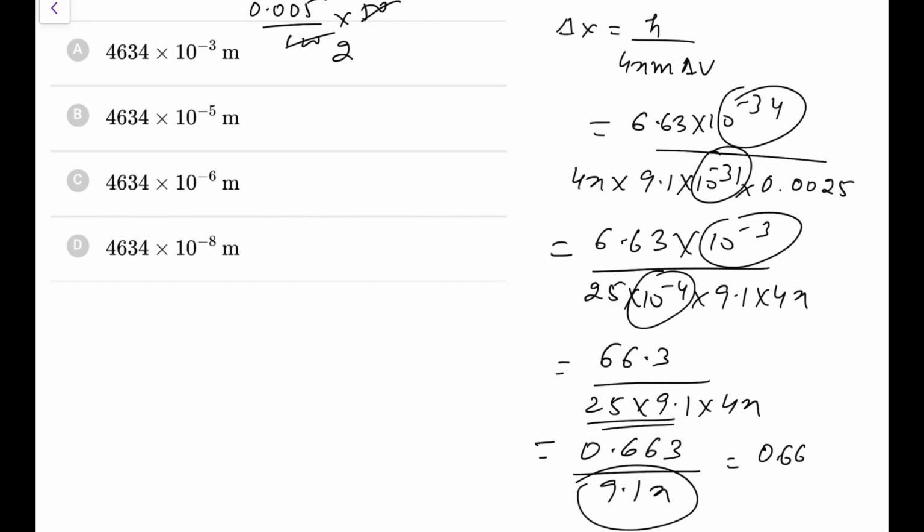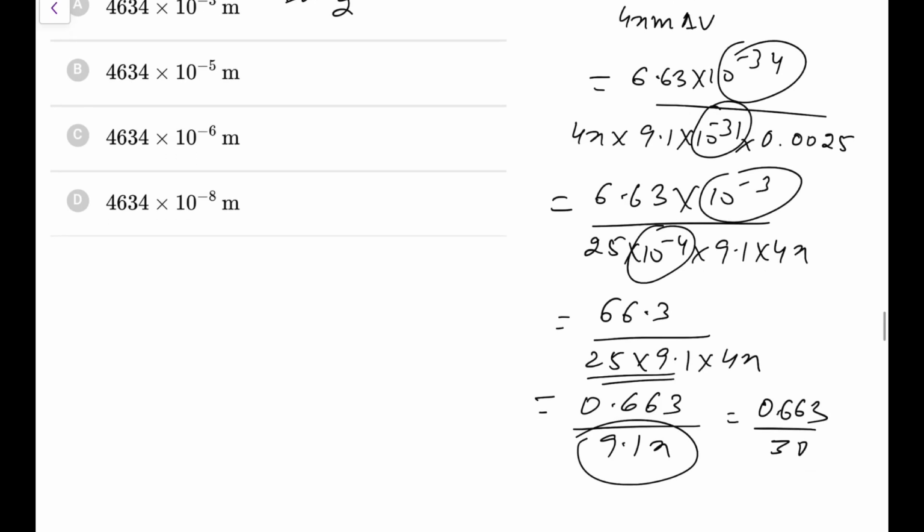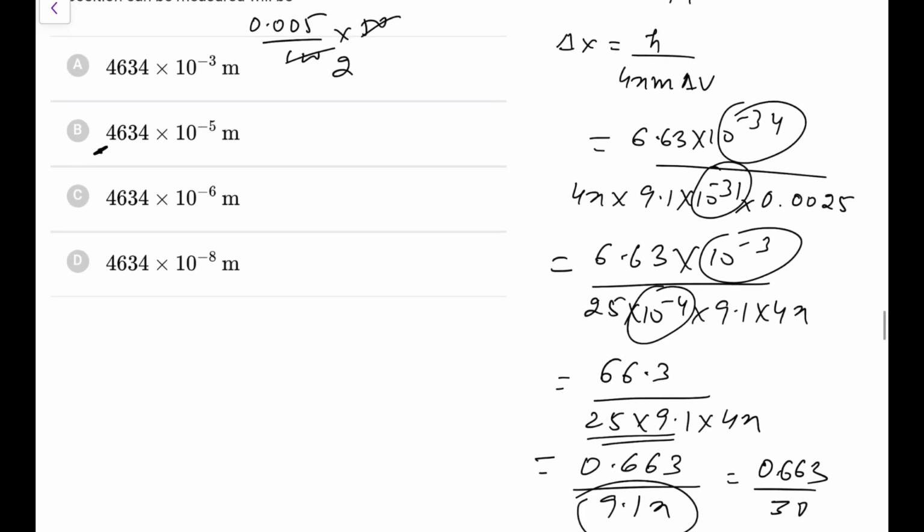If I do it completely, that is by 30, it would be 0.02 something like that, so it would be 10 to the power minus 2 I should get. So for this particular case I am getting 10 to the power minus 2, none of the others, so I'll go for this, though I'm not getting exactly that.